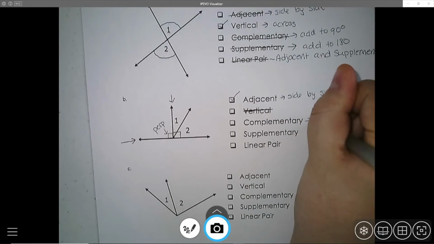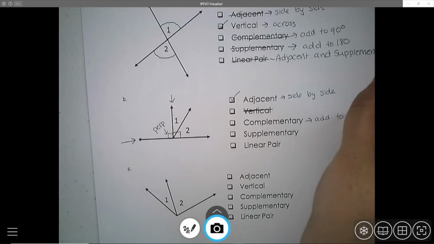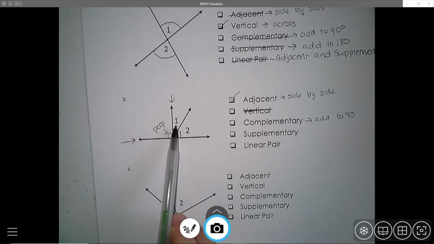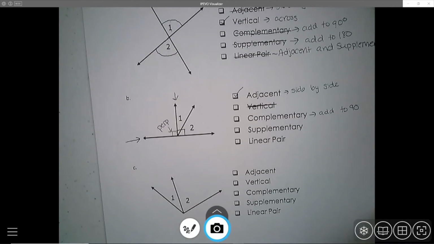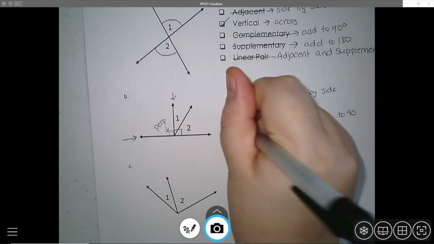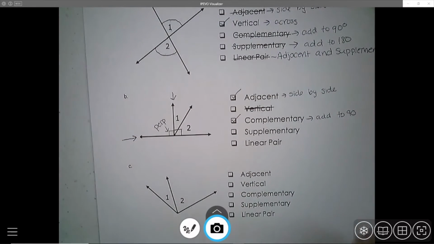Okay, complementary. Do they add to 90? And my answer is yes. Notice 1 and 2 create this box. For complementary, either the angles together create the box of 90, or you're given the physical measurements and you know that they are 90. So these are complementary.